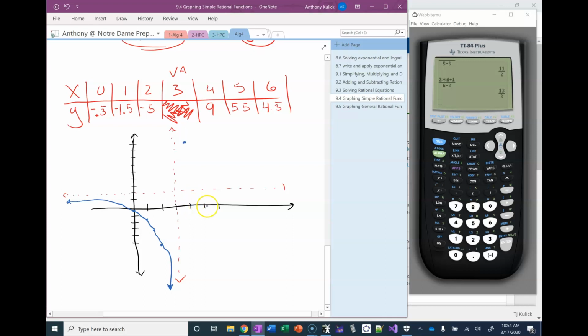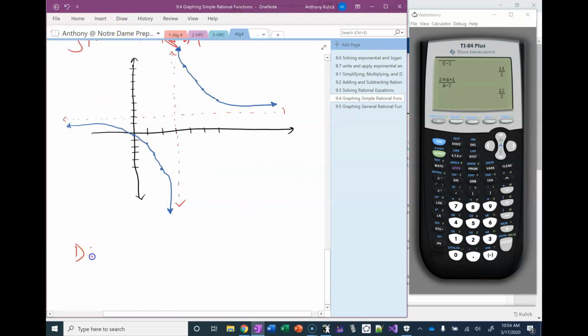So there's 4, 9, then 5, 5.5, and then 6, 4.3. So again, we'll try to draw through those points, following the asymptotes. So our graph should look something like this.